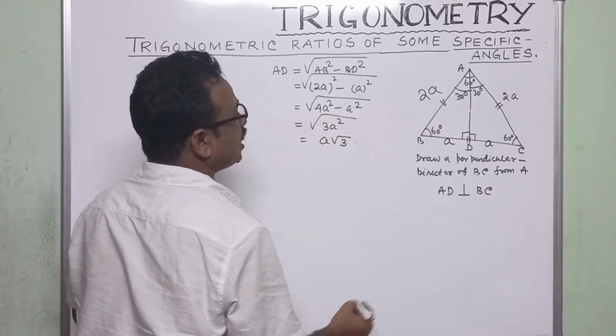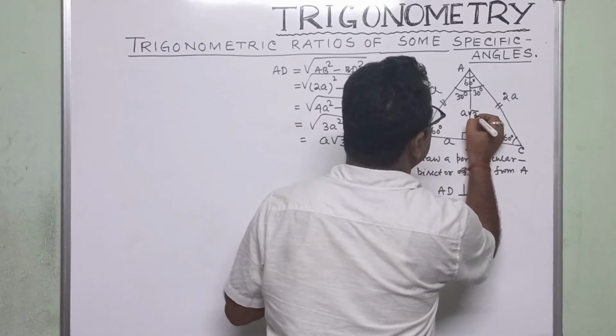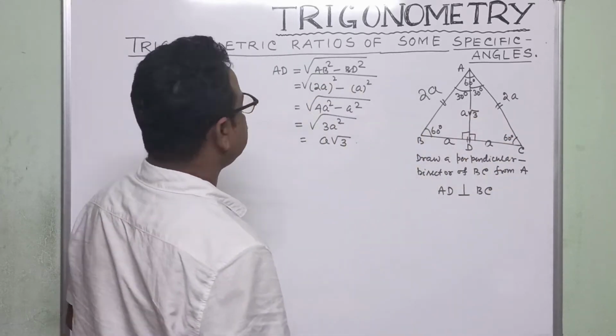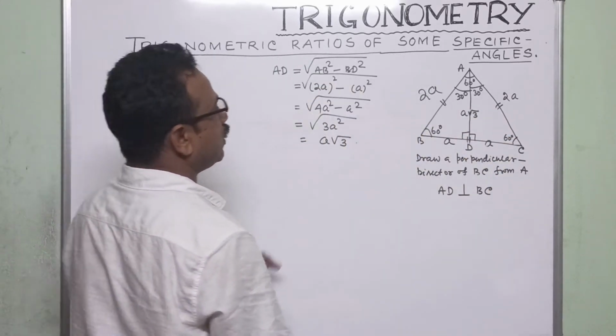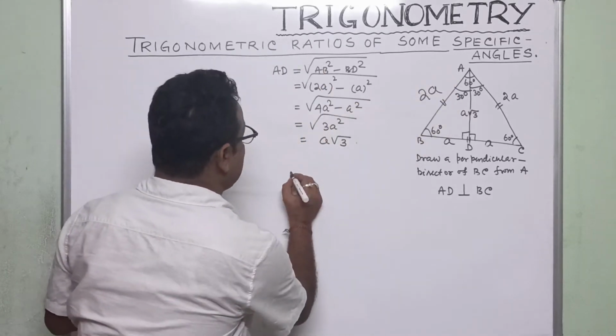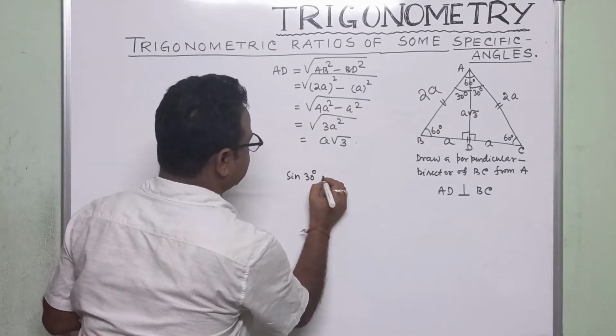Okay, this is your A root 3. Clear? Now we'll find out the value of, let's say, sin 30 degree.